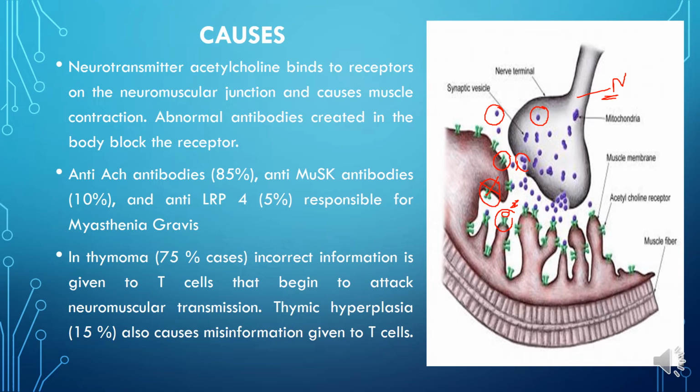So when there is less transmission of signal from the nerve to the muscle cell, this is the muscle cell and this is the neuronal cell, and transmission is hindered or very rare, then the muscle contraction will be less. And due to this, the muscles will gradually become very weak.